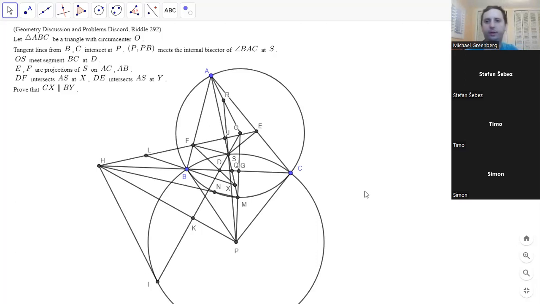Yeah, this looks a little tricky. Do you want to move on to the next problem and maybe come back to this later? What do you guys think? Maybe a few more minutes on this. Okay.